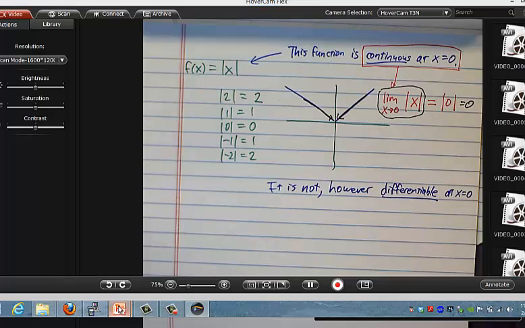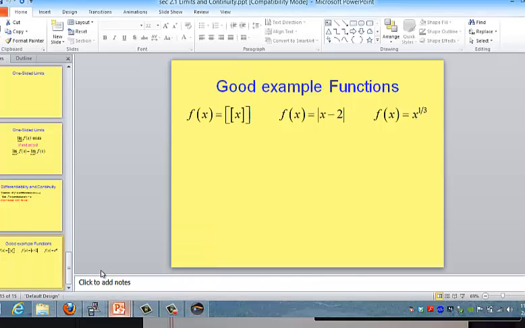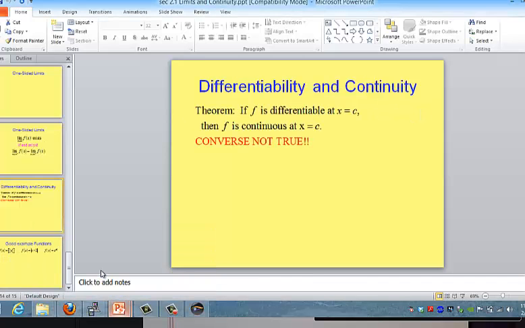Anyways, that homework problem you asked about reminded me of this example of a function. And again, I wanted to make that point because we have a theorem that I think is important. It says, if f is differentiable, then f is continuous. But I said the converse is not true. Do you guys know what I mean by the converse? What would that mean?